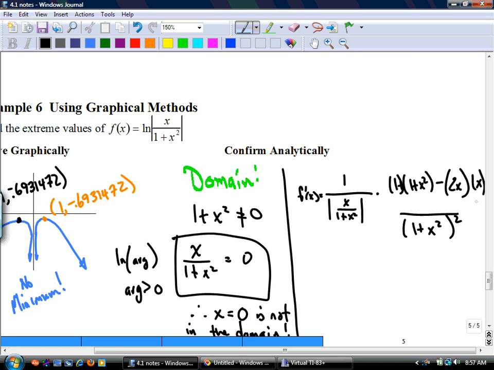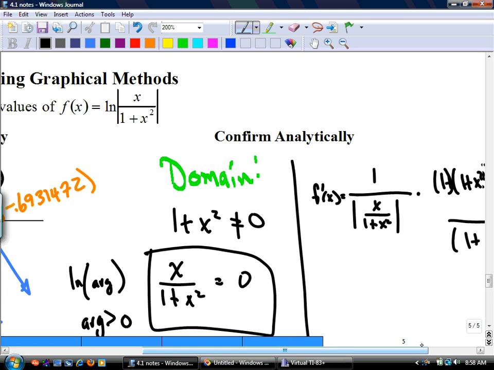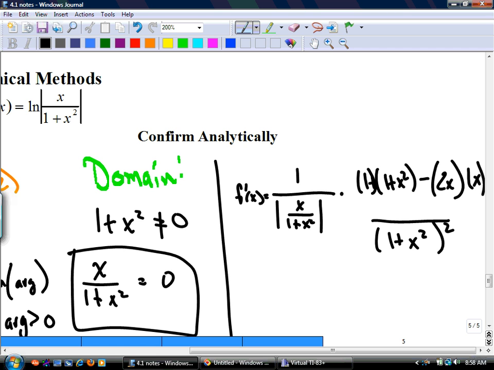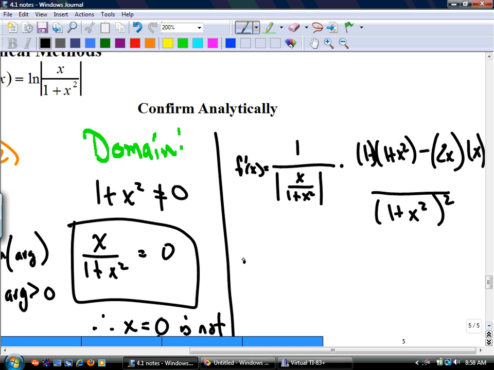One times 1 plus x squared minus 2x times x, all over 1 plus x squared squared. Okay, next step. It will be 2x squared when you clean it up. Just next.